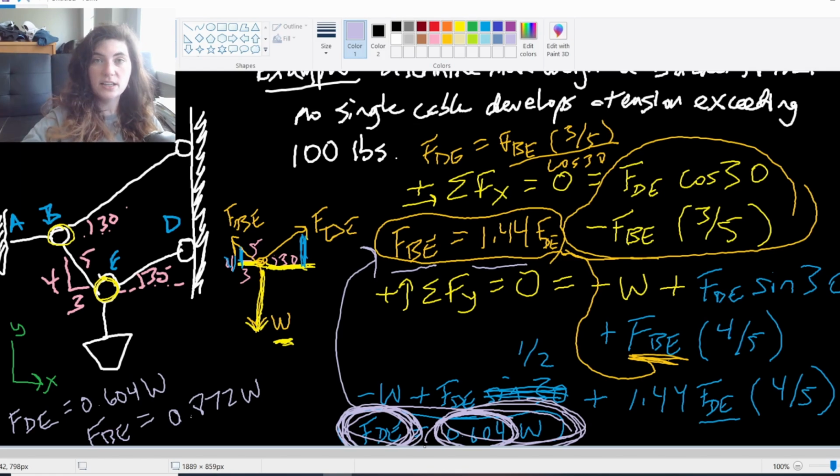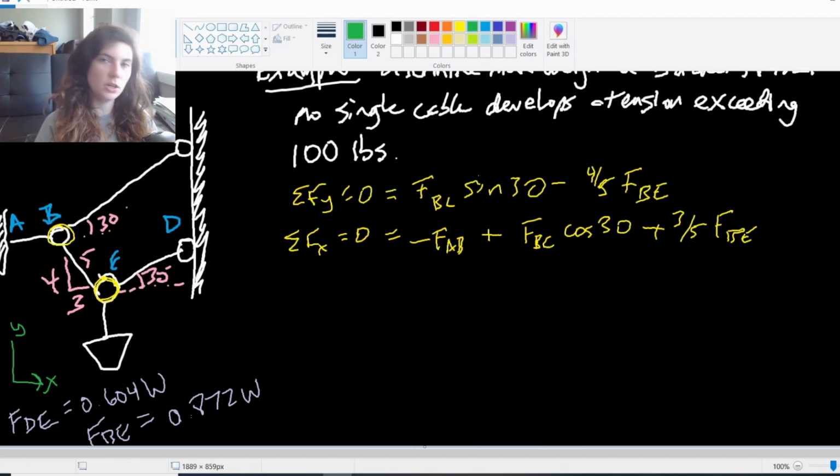I'm going to go back into those equations we did at the very beginning for the free body diagram at point B, and we're going to plug them in and continue down the line, continue solving for what the tension in every single cable is. So these were the equations that we had worked on and established earlier, and if we hadn't done them at the beginning of the problem, then we would be doing them now. So we didn't save much work either way, it was just a little more intuitive if we would have done point E first.